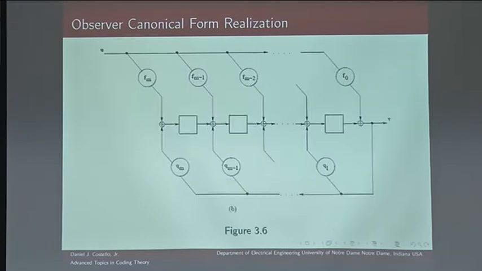If you have high rate encoders like k-1 or n-1 over n encoders, 2/3, 3/4, things like this, this observer canonical form is often the most efficient, particularly if the coders are systematic. Because if they're systematic, you need one of these shift registers for each output, but if the encoder is systematic, then n-1 of the outputs are systematic.